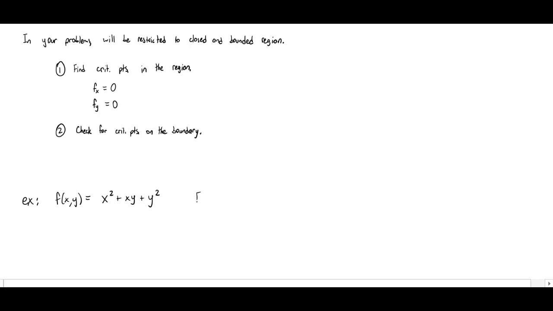I want to find absolute extrema of this function within the region described by this inequality: x squared plus y squared less than or equal to 4. Okay.